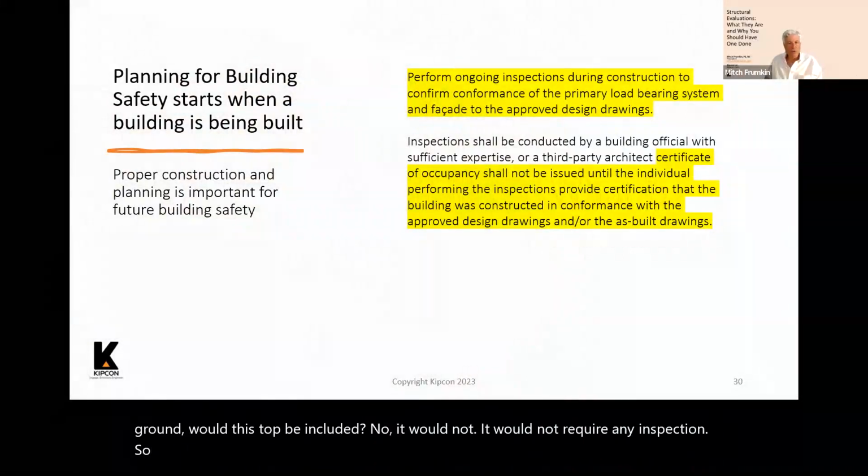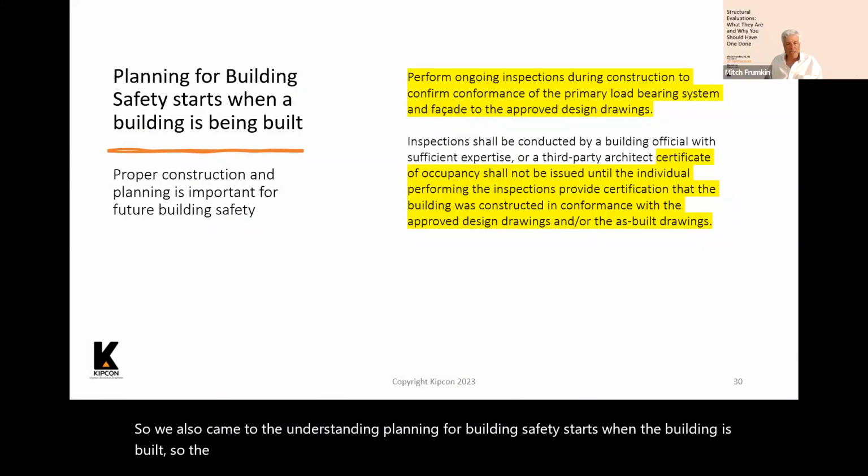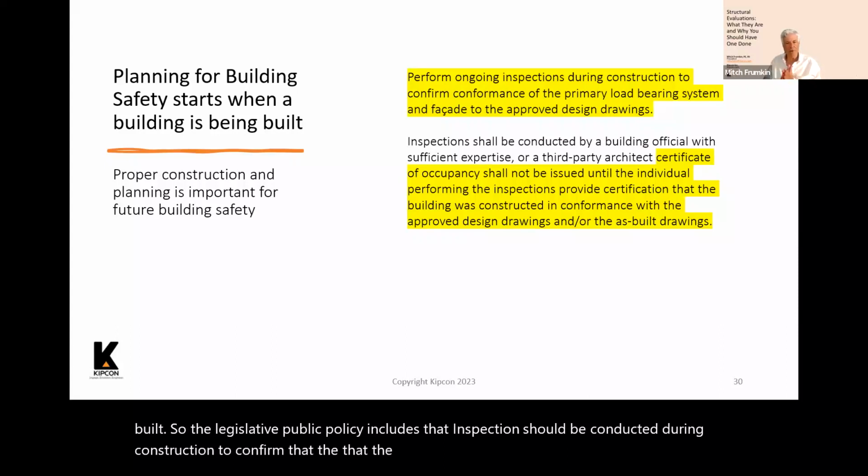So we also came to the understanding that planning for building safety starts when a building is built. The public policy includes that inspections should be conducted during construction to confirm that the as-built primary load-bearing system matches the drawings.